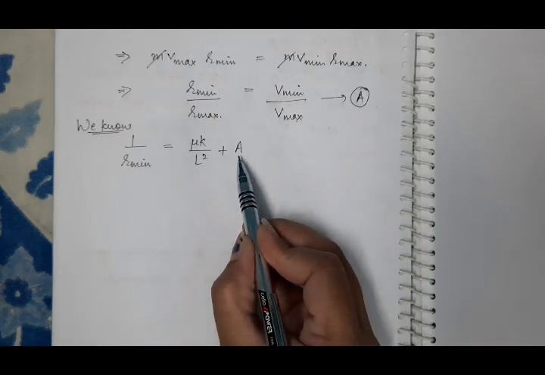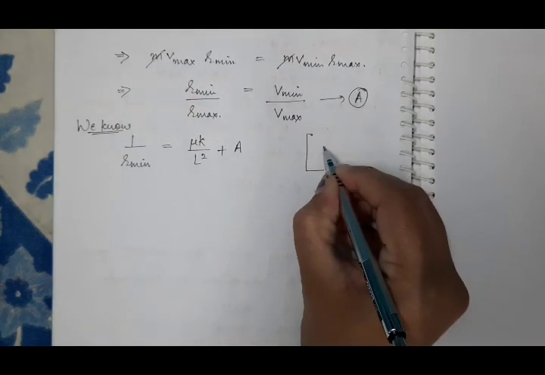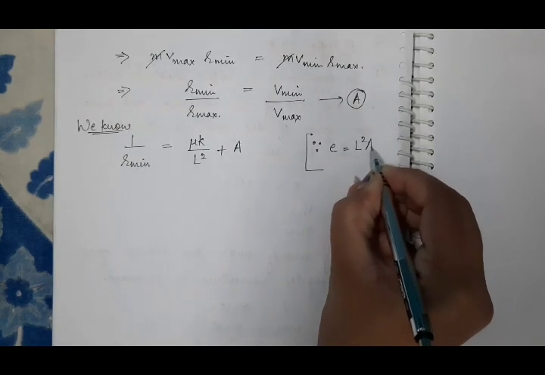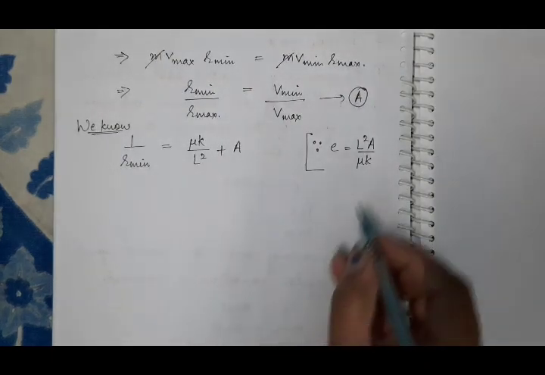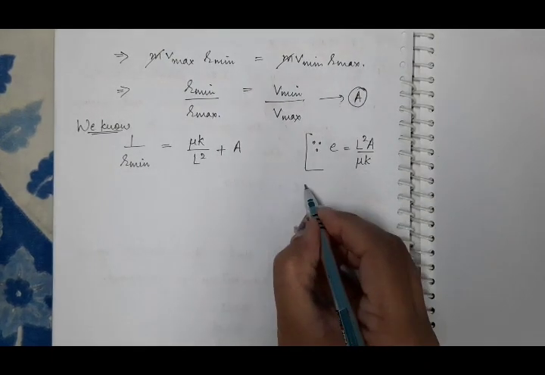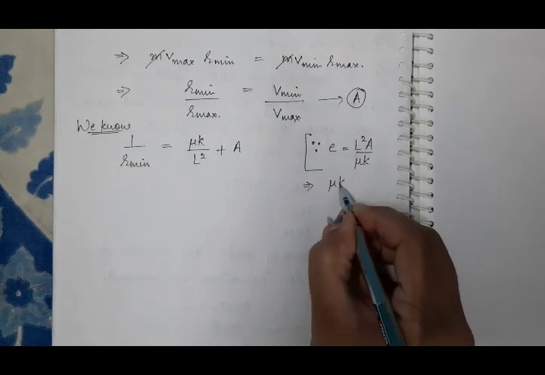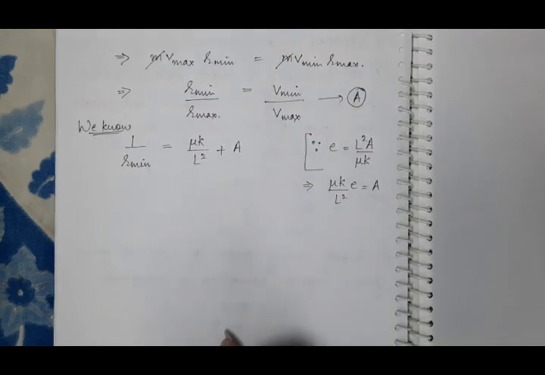And what is the value of A in terms of eccentricity? We know that eccentricity was equal to L square A by mu k. So the value of A in terms of E will be mu k by L square into E. It is equal to A.